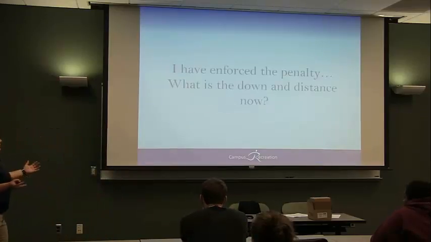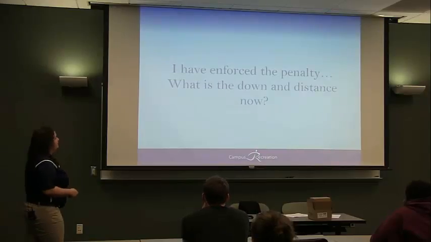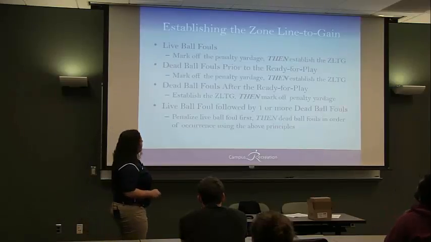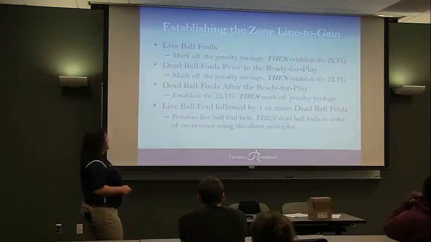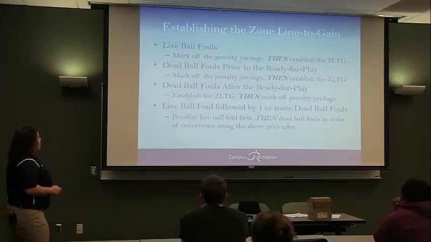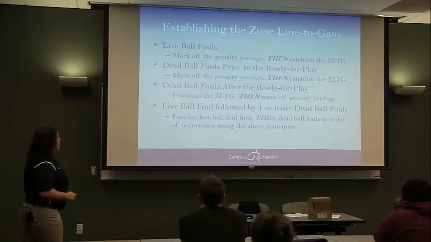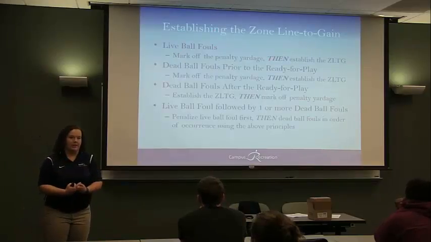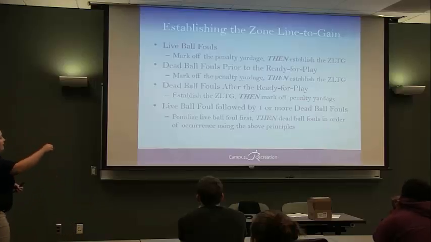Alright, I've enforced the penalty, now we need to talk about the down and distance. So this is where we go over our zone line to gain. That's what the ZLTG stands for. For our live ball fouls, we're going to mark off the yardage and then establish our zone line to gain. So, we're going to have an offensive pass interference.